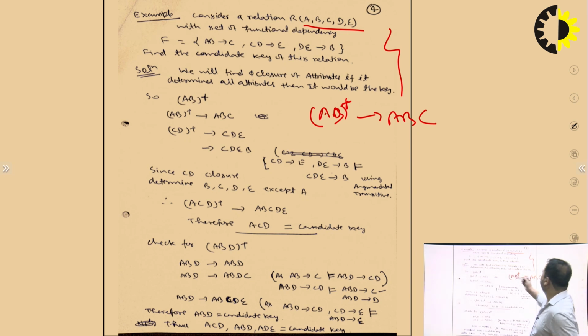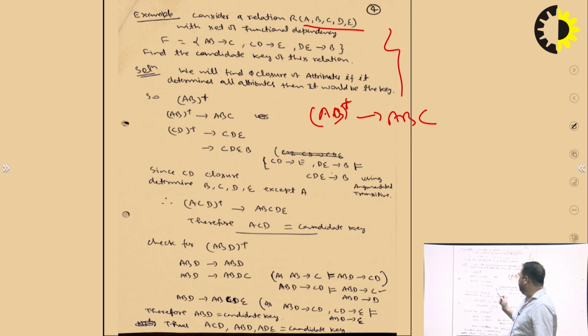So is there any attribute that could be derived from AB? It is not so. There is no more: AB closure is ABC, and C does not determine anything more.